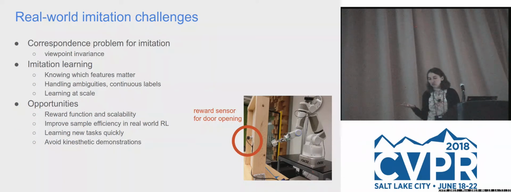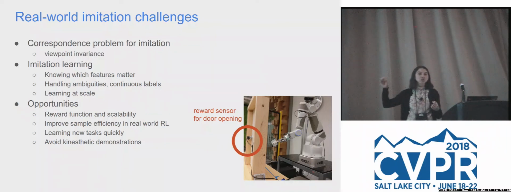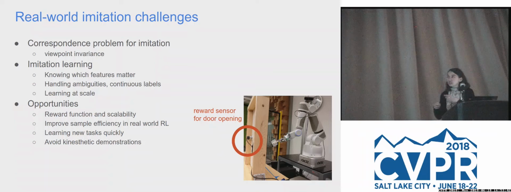And if the reward signal does not come from a human, it may come from other sensors. So for example, you may want to have a sensor that detects if the door is closed. That is fine, but it also may not scale as well as if you had some other type of supervision that you didn't need to do anything like that. And also, imitation learning can help you avoid these kinesthetic demonstrations, which need to be necessarily done from the point of view of the robot, and may be expensive.